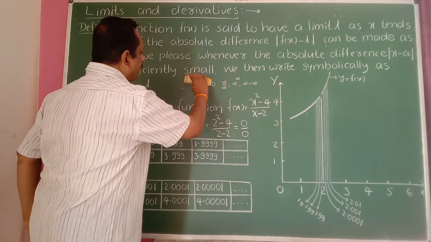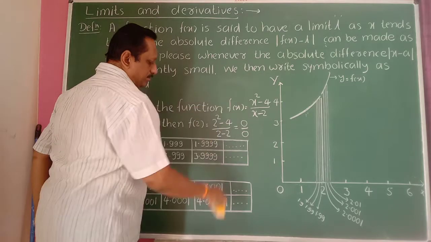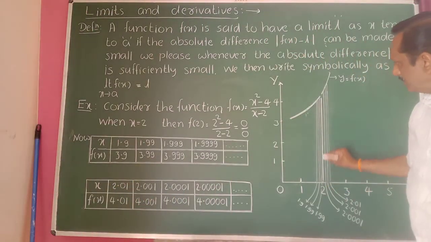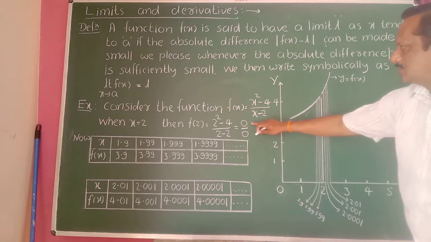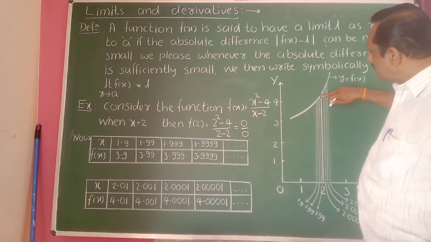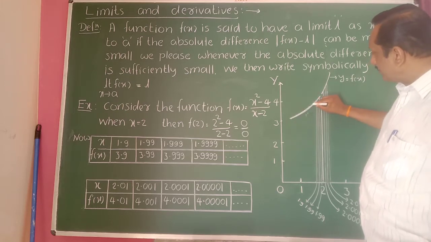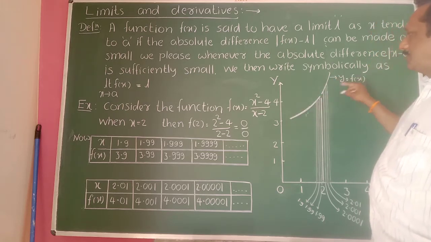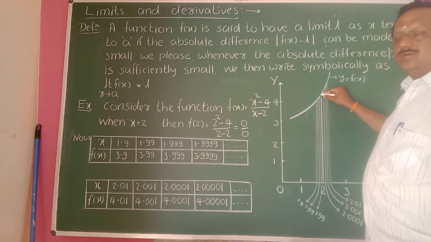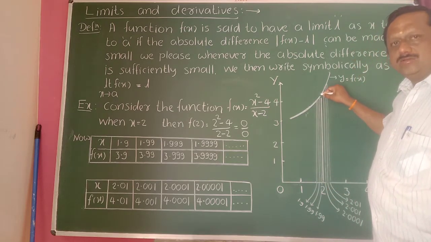Now if we draw the diagram, exactly at 2 there is a gap, since 0 upon 0 is not a particular number. This is the curve y equal to f of x, and exactly at the point 2 there is no value.